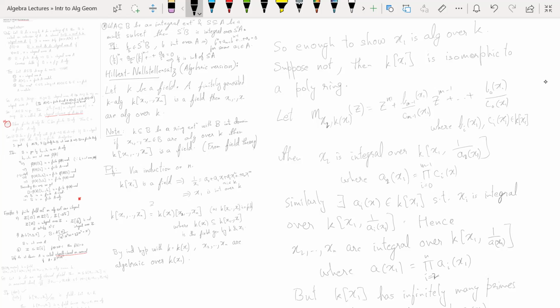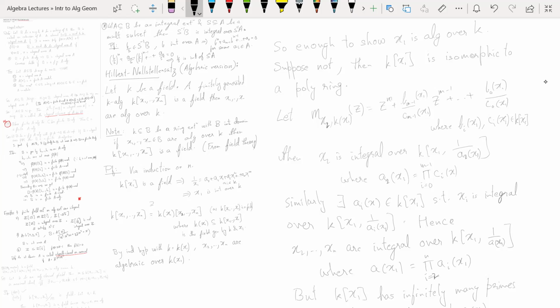So we have to do some jugglery with this minimal polynomial. After adjoining 1/a2(x1), we still get that x2 is integral over this ring.